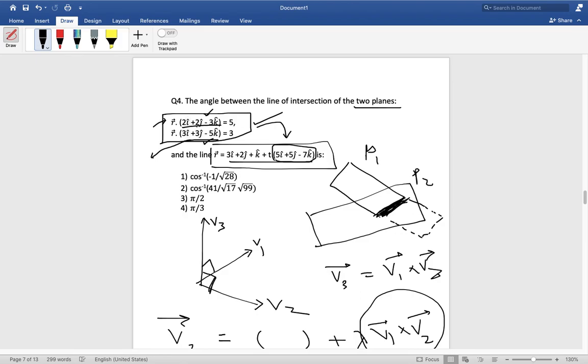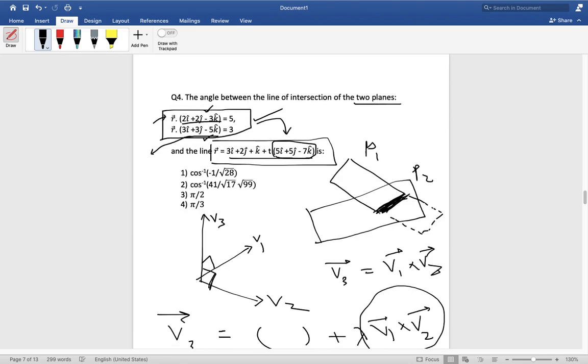Or the other way to solve this problem is to put it in the Cartesian form x, y, z, and then from there you can find out the value. Let's try to do it from the Cartesian equation.